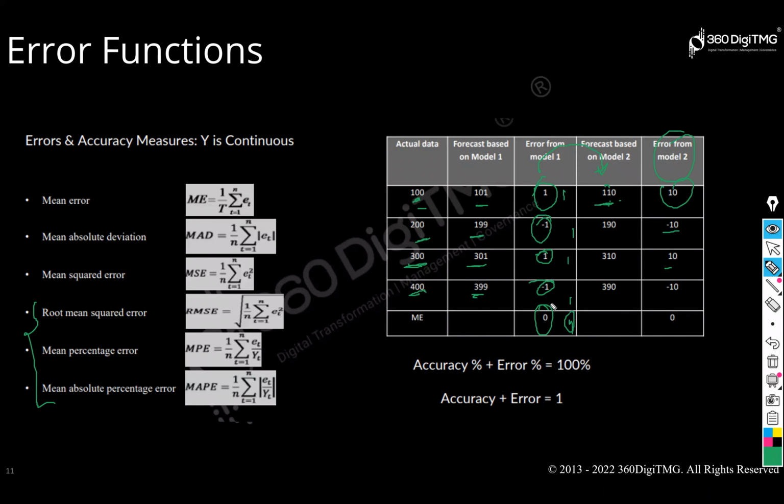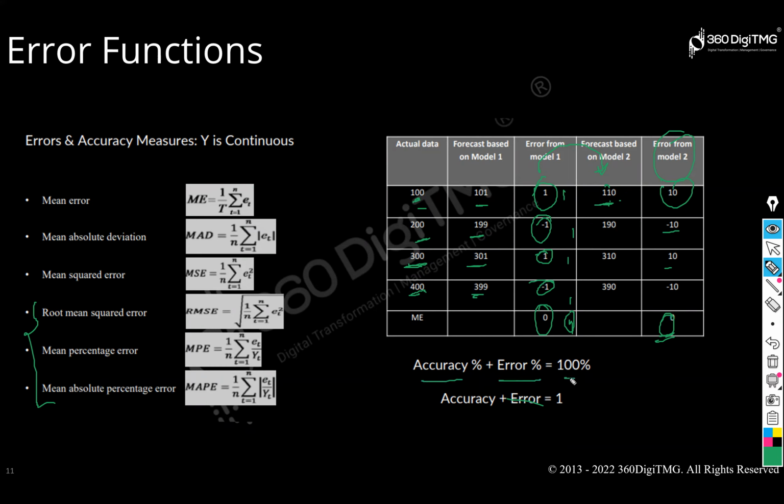But after the square, it is doubling the unit. I don't want that. So in order to reverse the doubling, they took the root. That is how standard deviation comes into the picture. Here model 2 gives 10 minus 10, 10 minus 10, so here also 0 error. This is how root mean squared error, mean absolute error, all these things work.